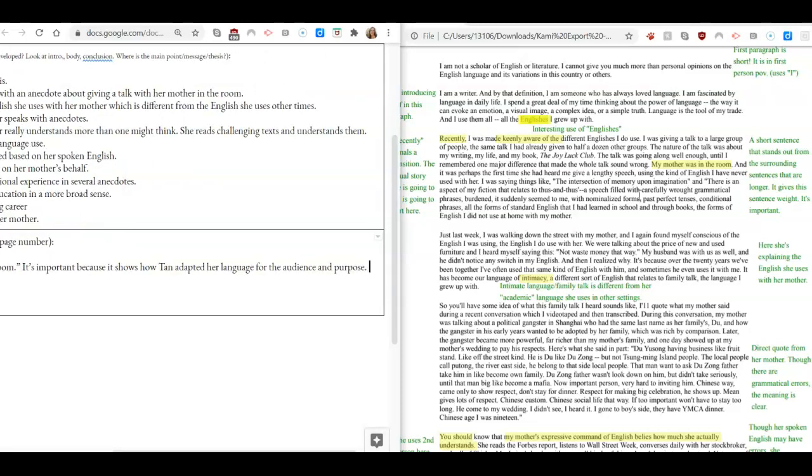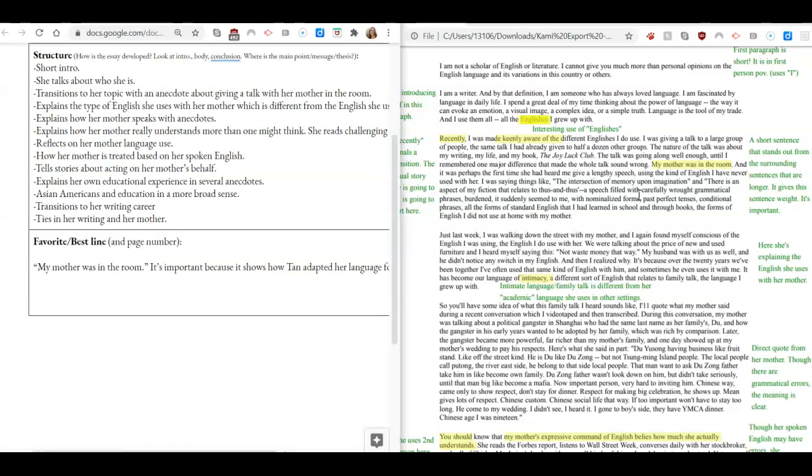So when she's speaking with her husband, when she's speaking with her mother, she speaks differently. She talks about the language of intimacy and the language that relates to family talk. So she switches back and forth between different Englishes depending on who she's speaking to and what the purpose is. And that's really important because most of us do this on some level.